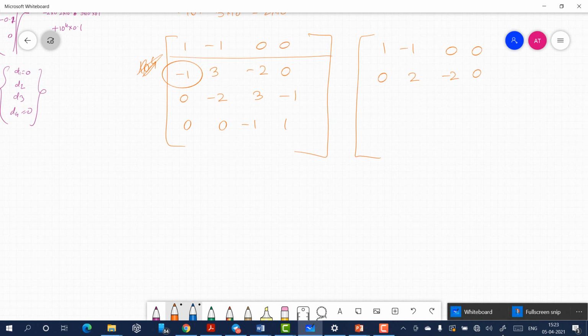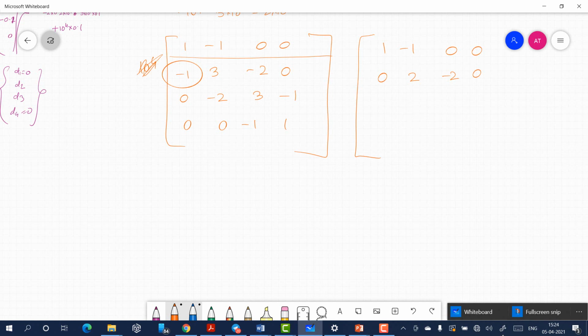Now I want to remove this one. So how do we do it? If I want to remove this one, I simply multiply this row with a factor of 2 and then subtract it from this one. So I don't want to do it.